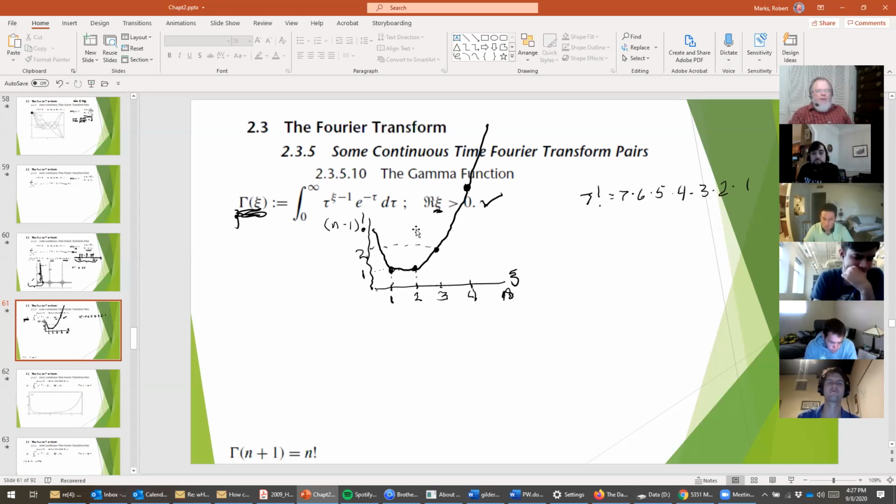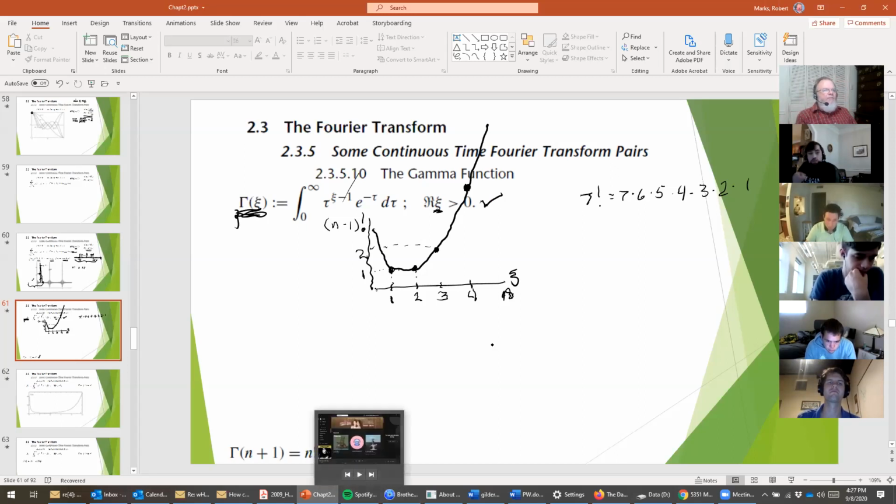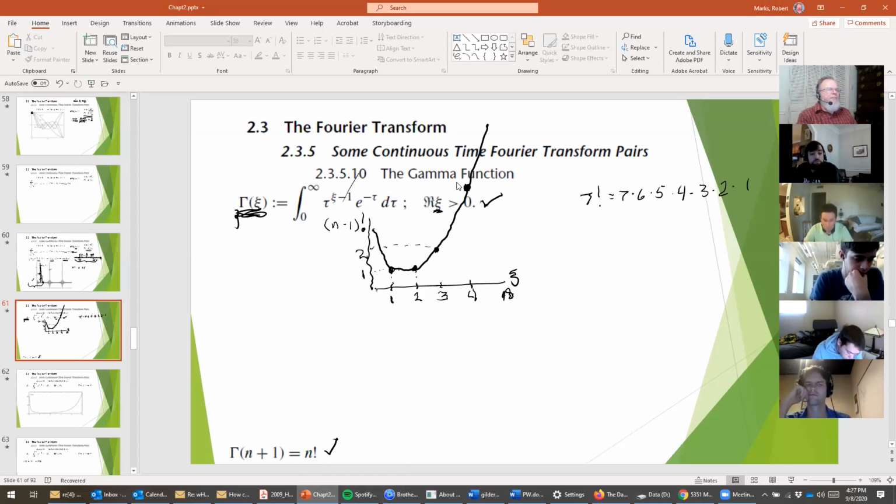Now, the gamma function, if we sample it, as you see down here, is equal to n factorial. So gamma of n plus 1 is equal to n factorial. That means that we have slipped through all of these different points. The other thing is that, just like the factorial, I might ask you to show this.